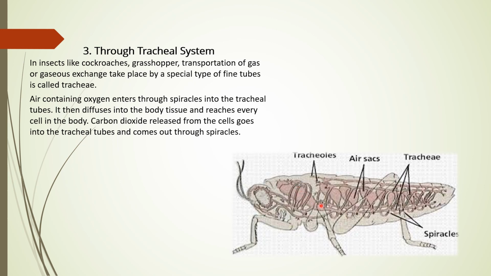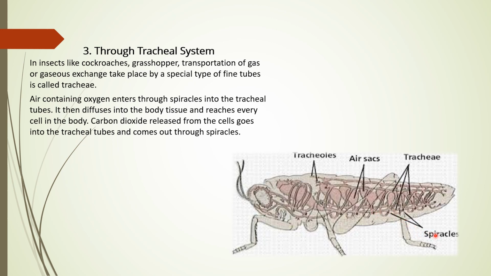And each trachea, if you see these tracheal tubes, they open on the lateral side of the body, and where they are opening, there are pores, and those pores are known as spiracles.